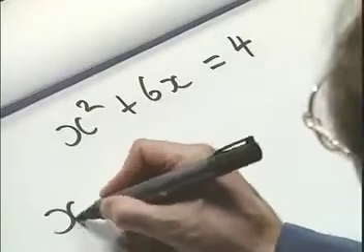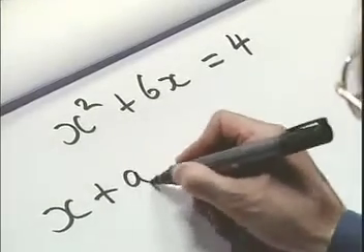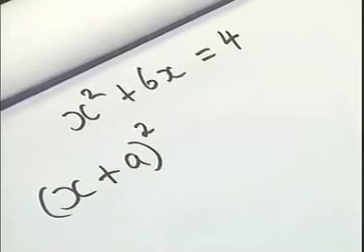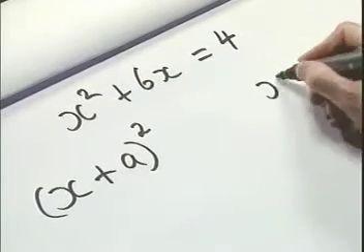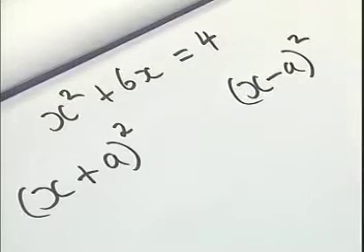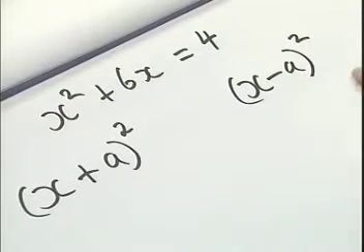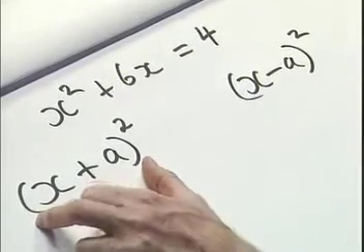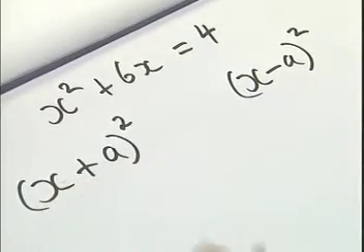The sorts of expressions that we had before were like this: x plus a all squared, or x minus a all squared. So that's what a complete square looks like, one of these two. So let's multiply this out and see what we get.